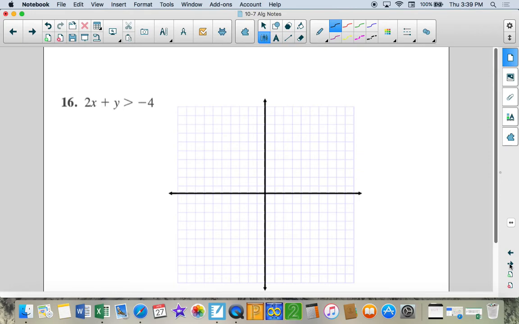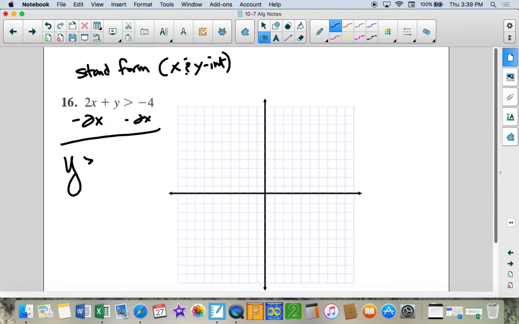Here's our next equation. So there's 2 things. We can either deal with it in standard form. Standard form, remember, helps us with the x and y intercepts. Or I can just subtract 2x from both sides, and I get y is greater than negative 2x minus 4. So we'll deal with it in this format, in slope-intercept form.